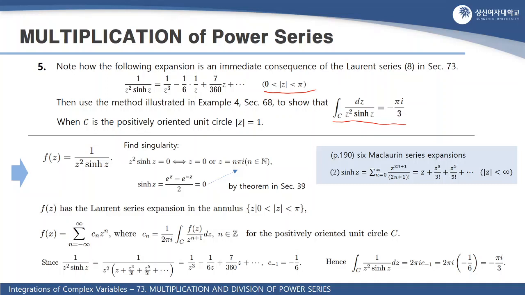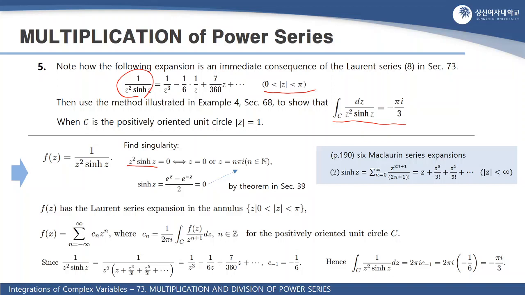Okay, first we find the singularity for this function, which makes the denominator 0. In this case, z squared times hyperbolic sine z is equal to 0 if and only if z equals 0 or z equals n pi i.